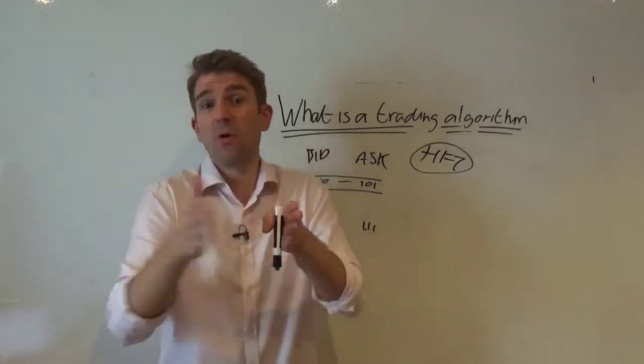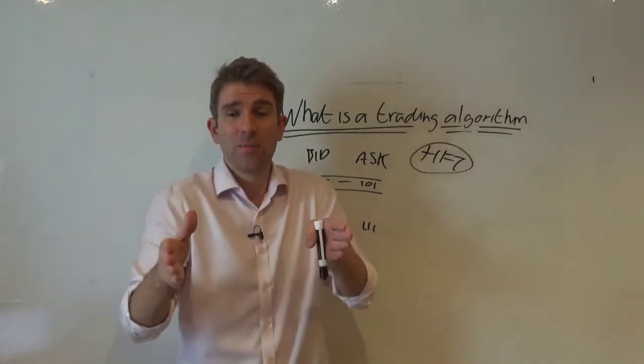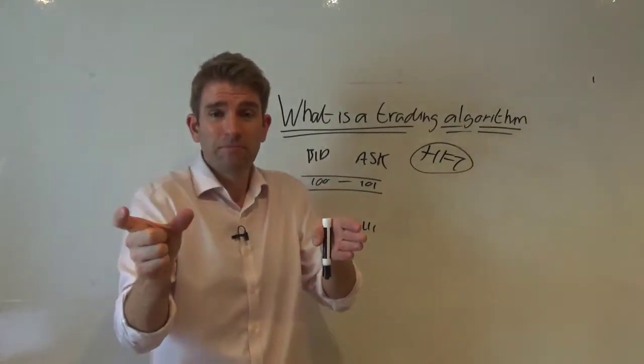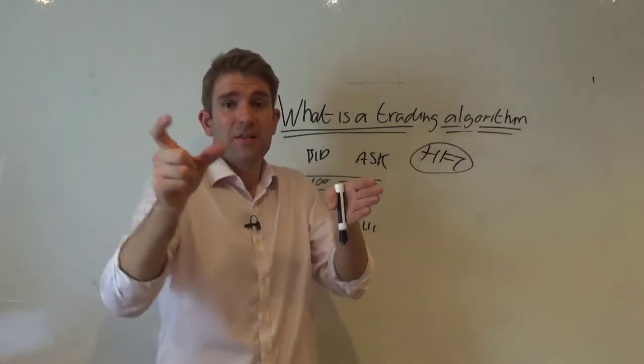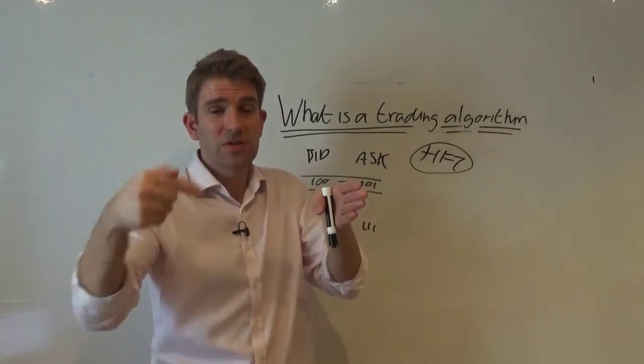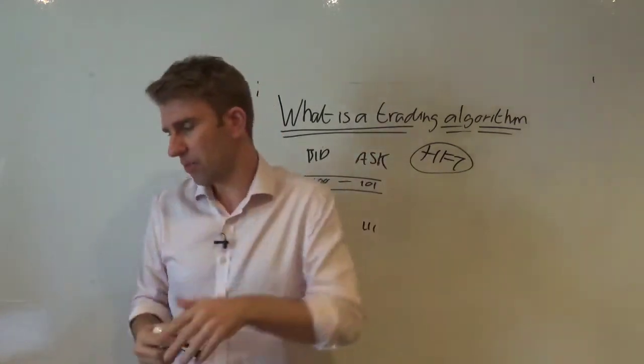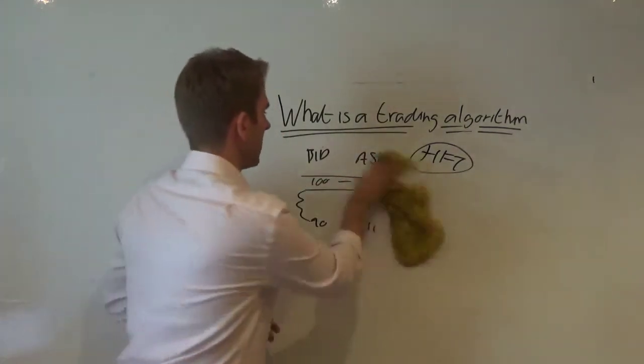So if you had, say, a market order to buy 1,000 shares coming in and there was 1,000 available, then the HFT would probably buy those 1,000. Let's do an example because it's going to help you much better than me trying to explain it.